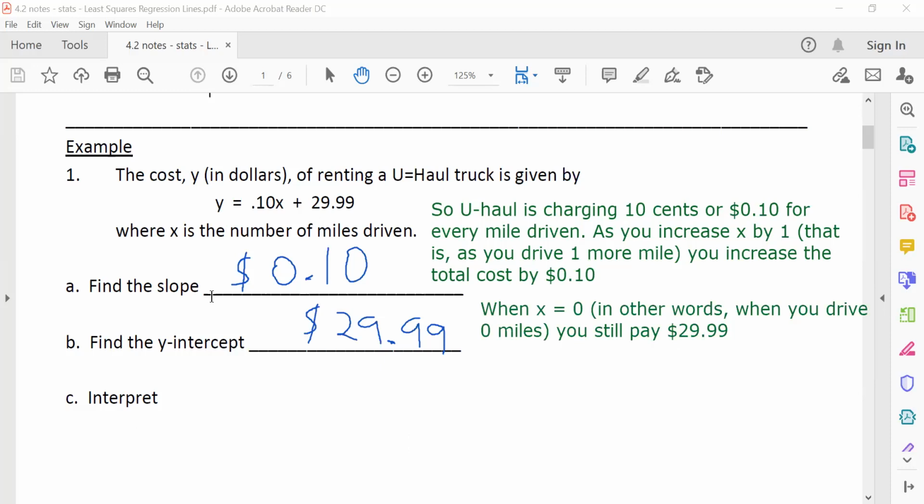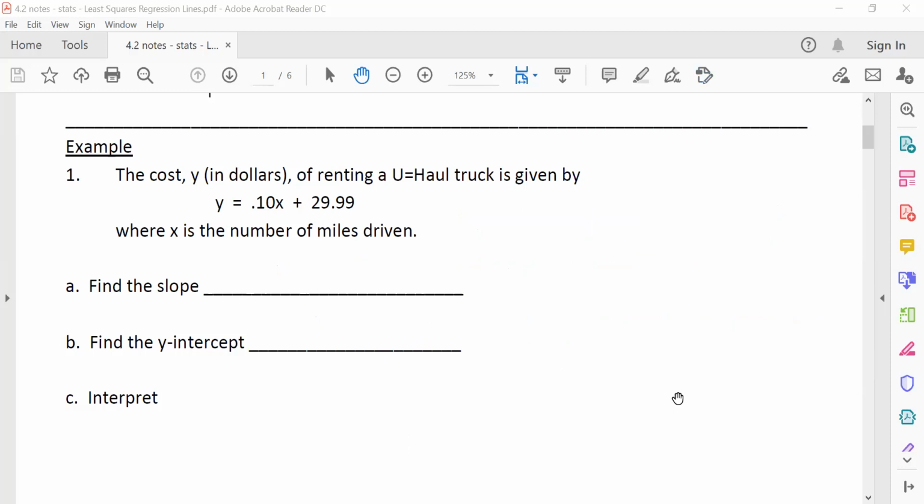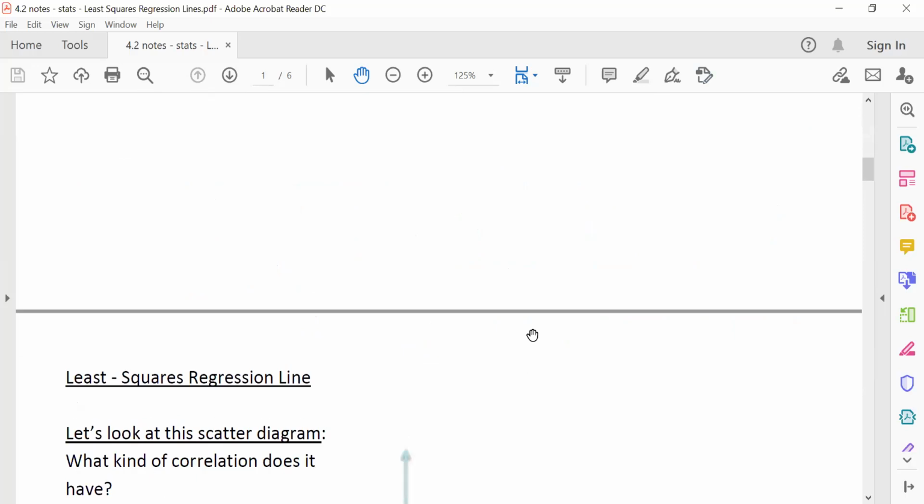And there you go. We just interpreted what those mean. So a pretty good example there.